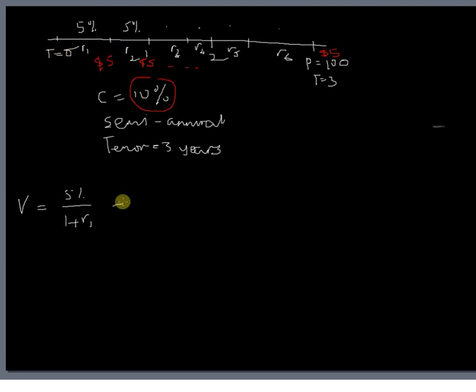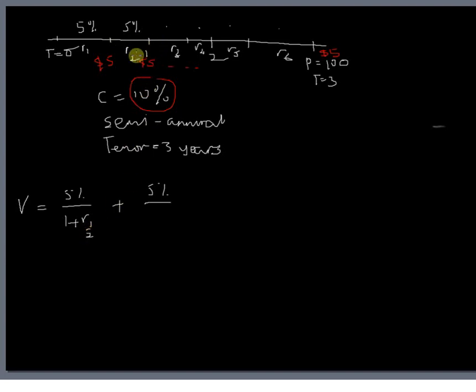Let me do the second one, 5. Remember that R is expressed in annual terms. Oh, sorry, so I should divide by 2 here, if R is expressed in annual terms.